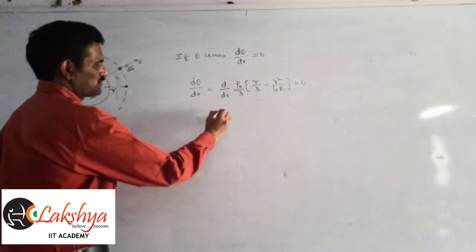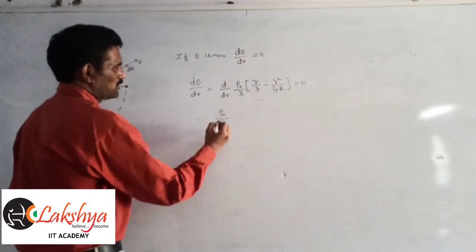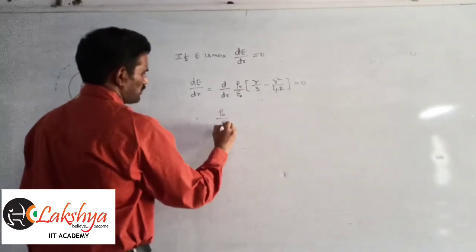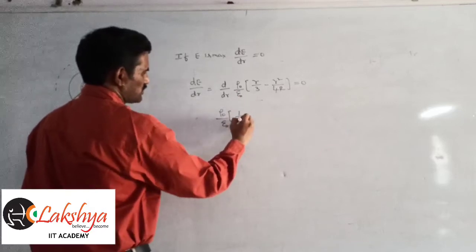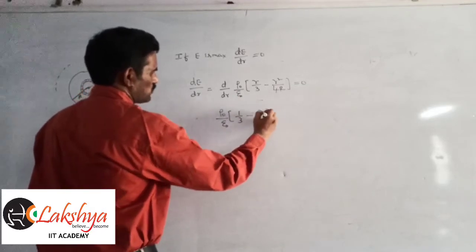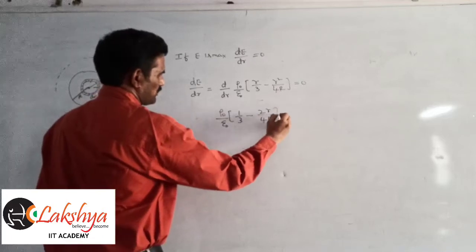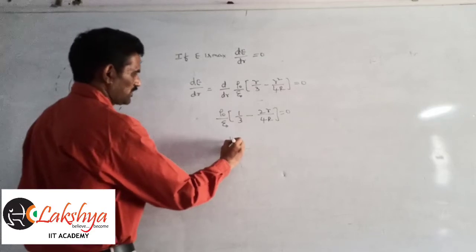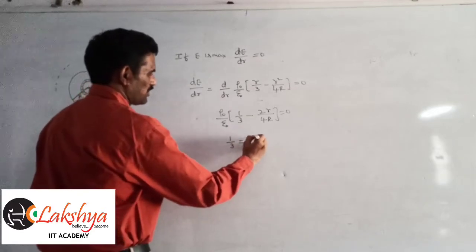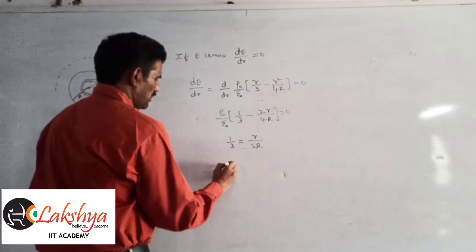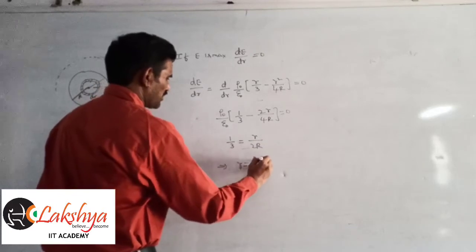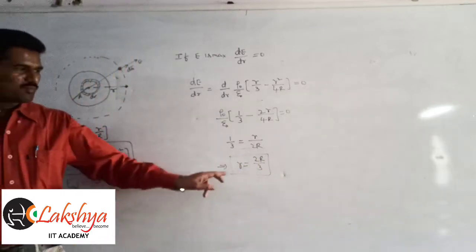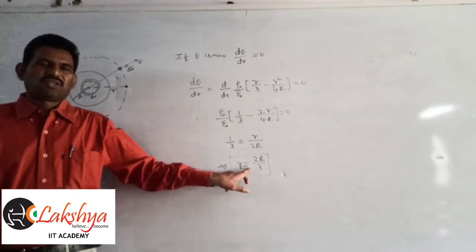Now differentiate that: rho naught by epsilon naught into the differentiation of r, which is 1, so 1 by 3 minus 2r by 4R is equal to 0, right? So I can write this as 1 by 3 is equal to r by 2R, and therefore r is equal to 2R by 3. That means at a distance of 2R by 3 from the center, the field is becoming maximum.